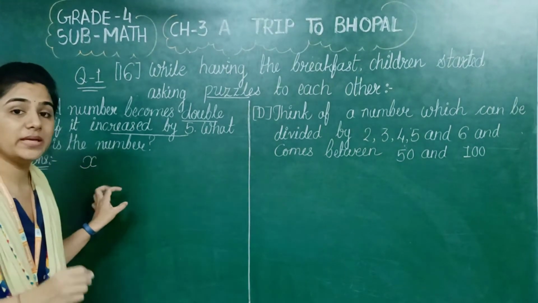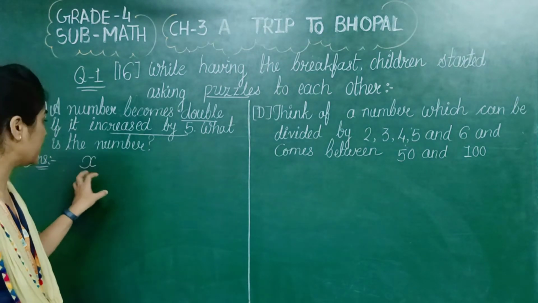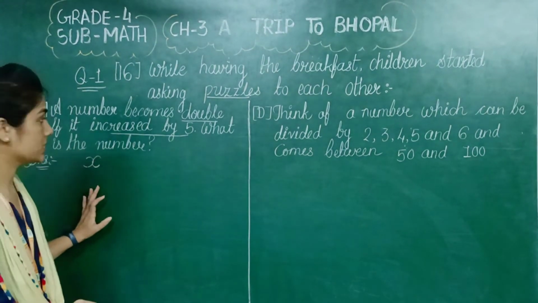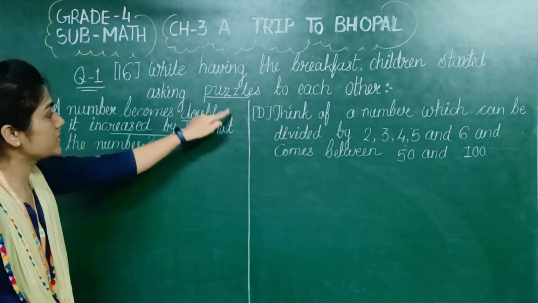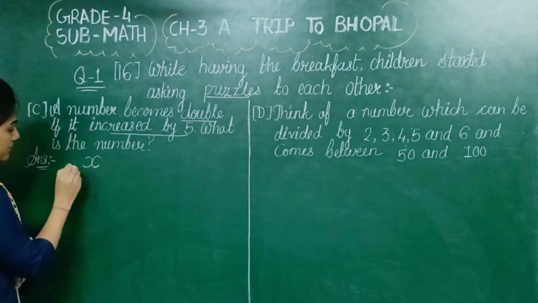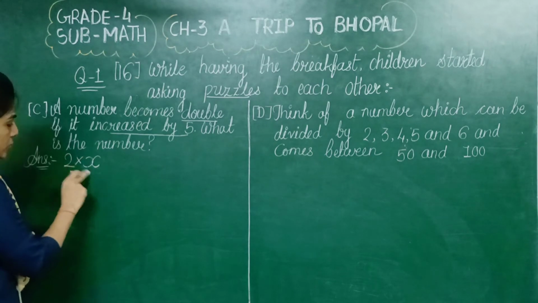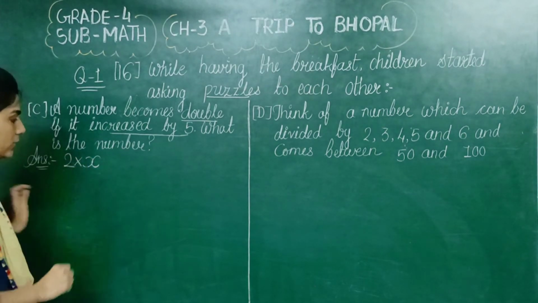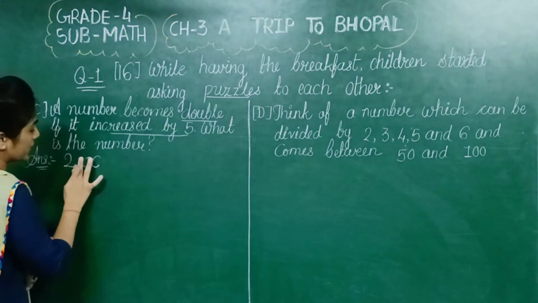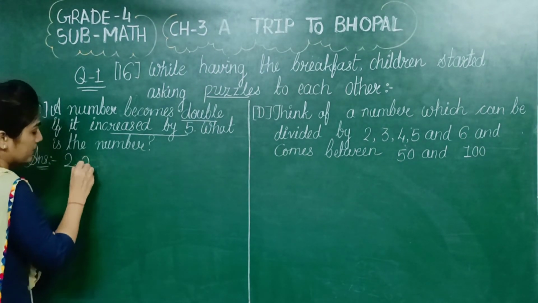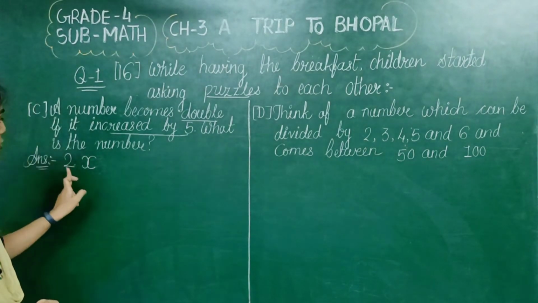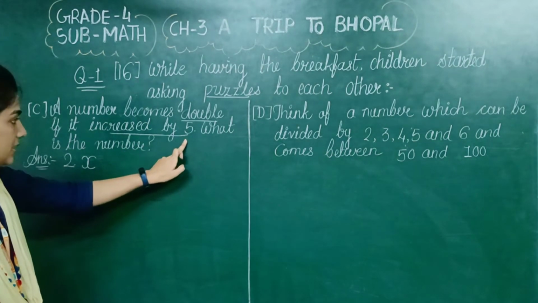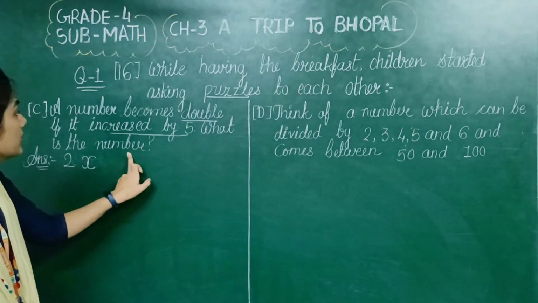Suppose we don't know this number, right? So we are assuming it as x. So that becomes double. Double means multiply with 2, so 2x. You can write a multiplication sign, and also you can write directly 2 multiply x. So it is 2x, and if it is increased by 5, what is the number?